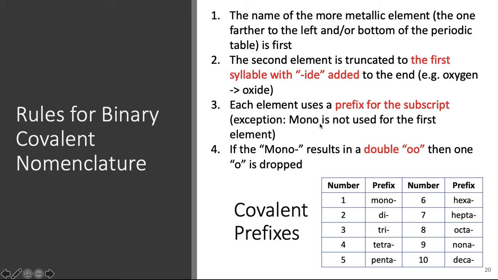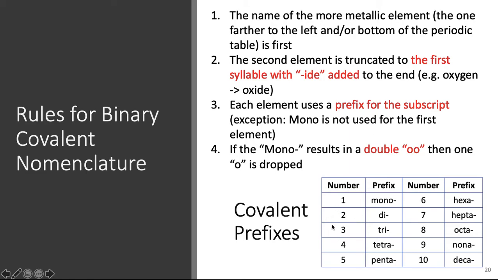If the first element listed has a subscript of 1, which actually doesn't appear because we don't write the subscript for 1, that corresponds to mono, and for the first element we do not use it; we skip it. We don't skip it for the second, so we can use mono for the second element, but not for the first.